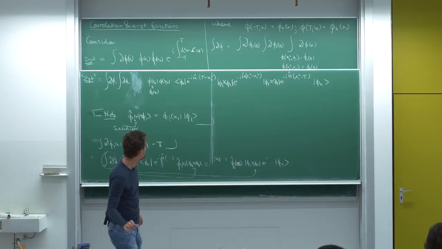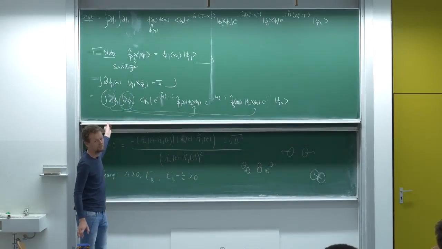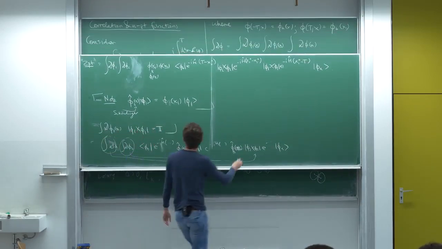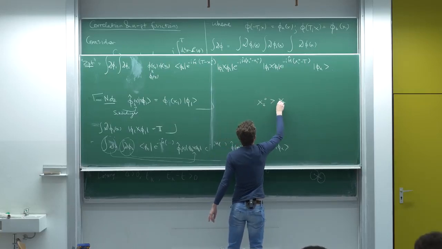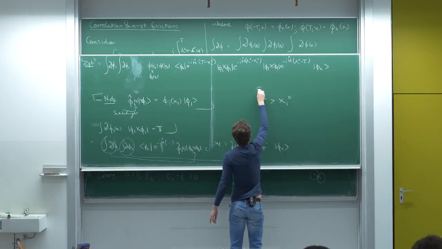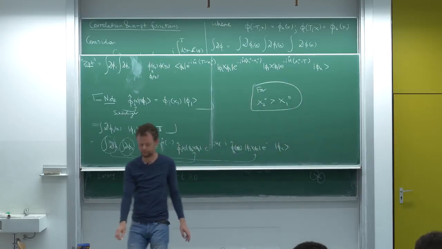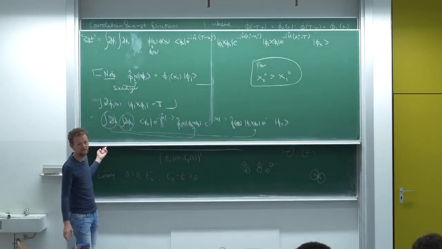And so at the end of this expression, we're going to end up with something. And this is all, I should say, for the case that x2⁰ is greater than x1⁰. If x2⁰ is smaller than x1⁰, we get a different expression.